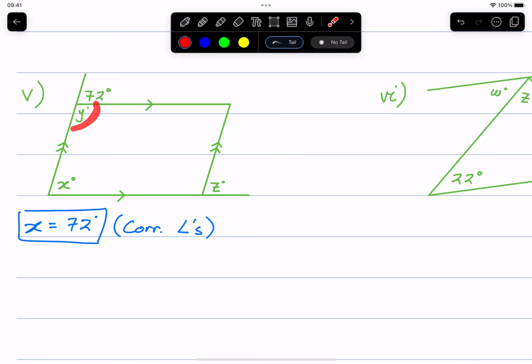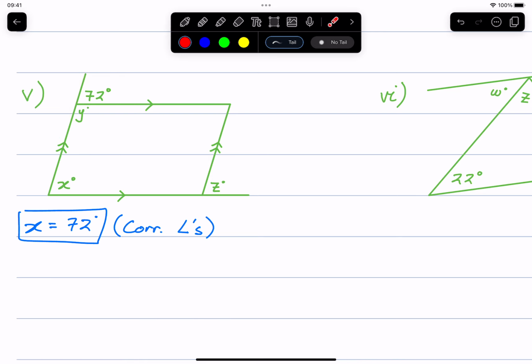As for Y, there are actually two ways which you can do this. For Y, the first way that I see is actually that is a straight line. So you don't necessarily have to use properties on parallel lines. So you could just say that those two are supplementary.